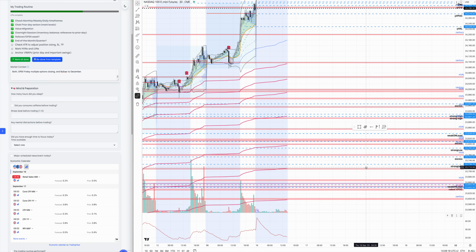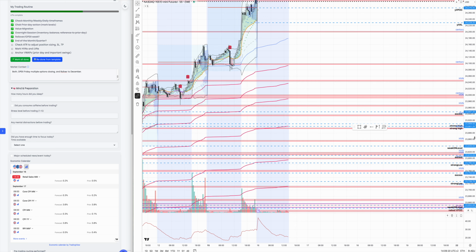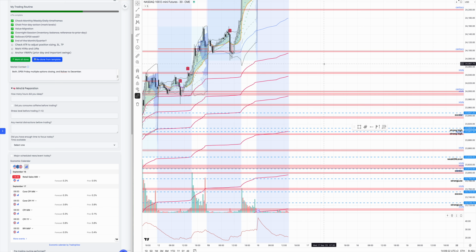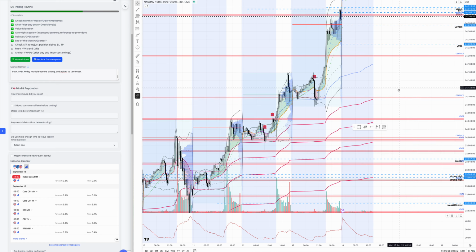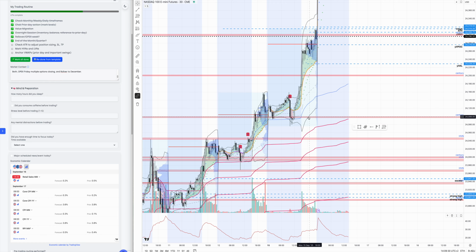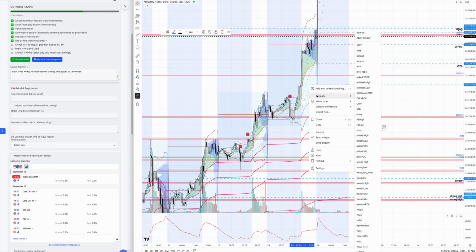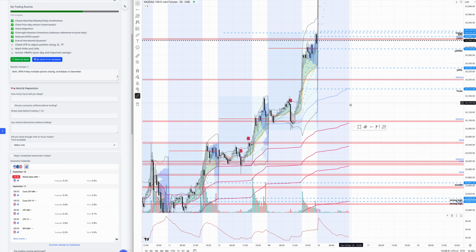What else? Somehow I don't have yesterday's low. It must be here somewhere. Yeah, it's not so important. So this is for lows and highs. I mark the RTH session. So that is like yesterday's low, right?